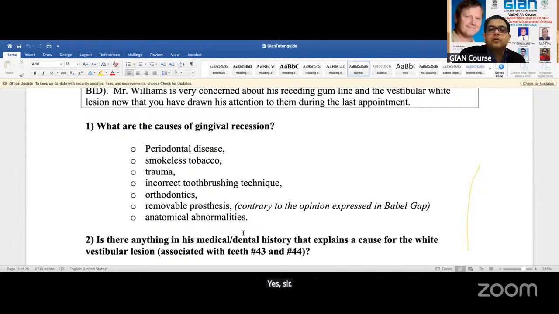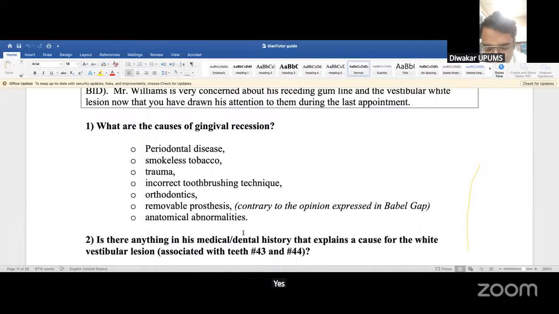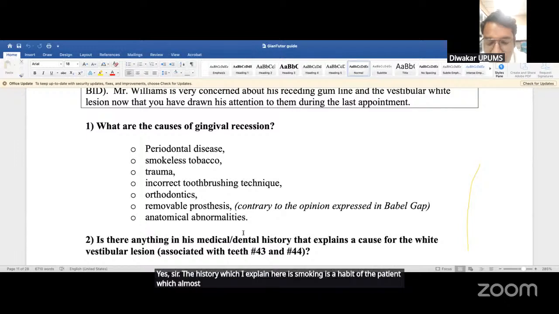The history which I explained here is that smoking is a habit of the patient, almost 10 to 15 cigarettes per day for 20 years, which will give rise to a lesion known as leukoplakia. That is a cause for this white vestibular lesion. Thank you.